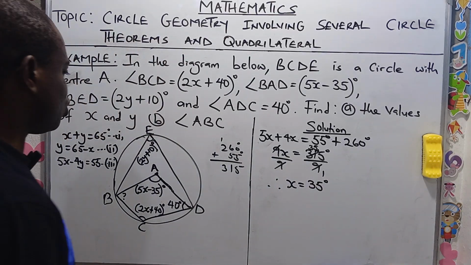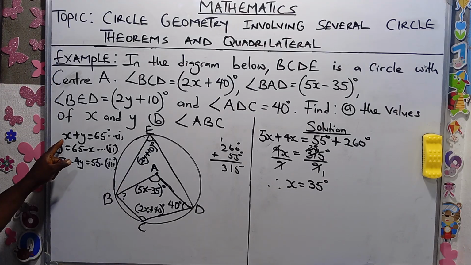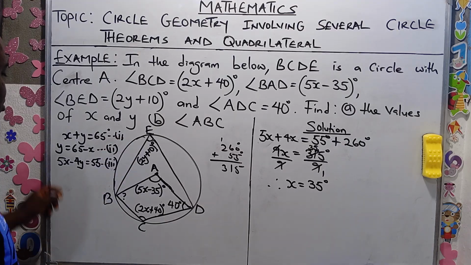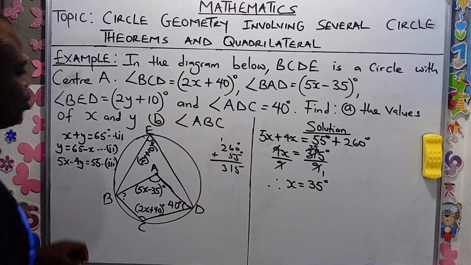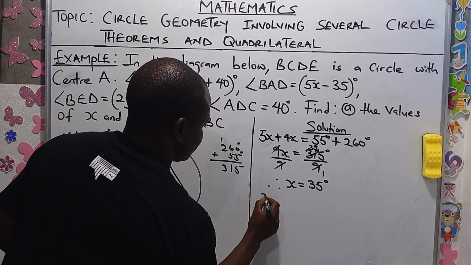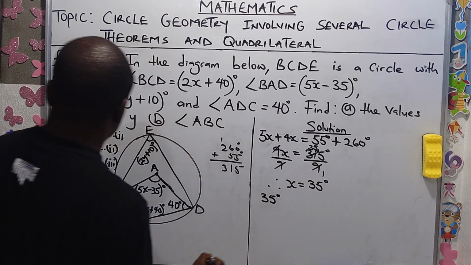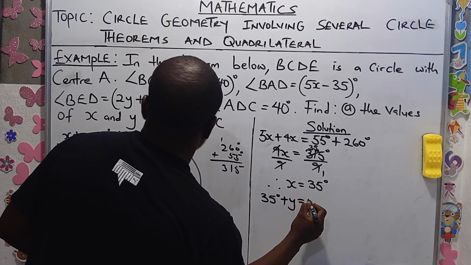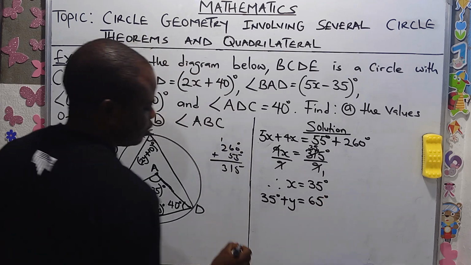What you need to do is to substitute the value of x in equation 1. You can pick any of the equations, but I'm substituting it in equation 1. Having x, which is 35 degrees, plus y equals 65 degrees.